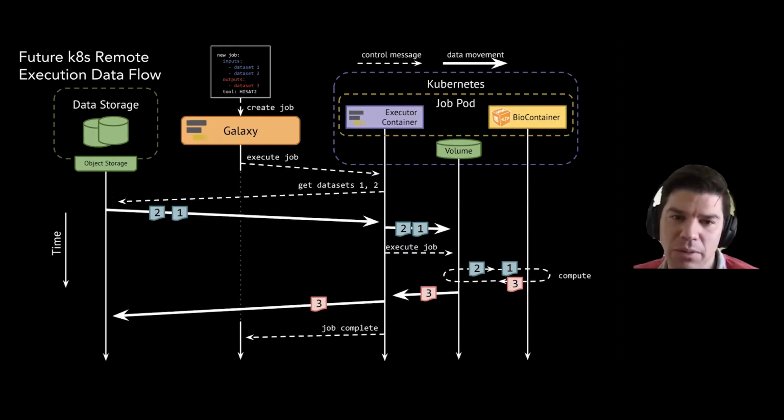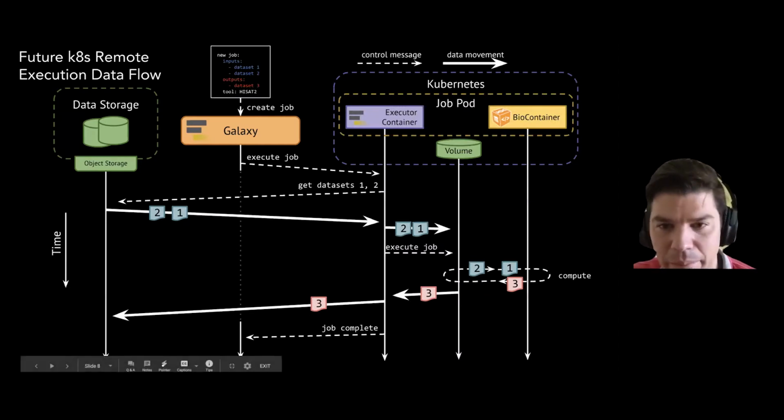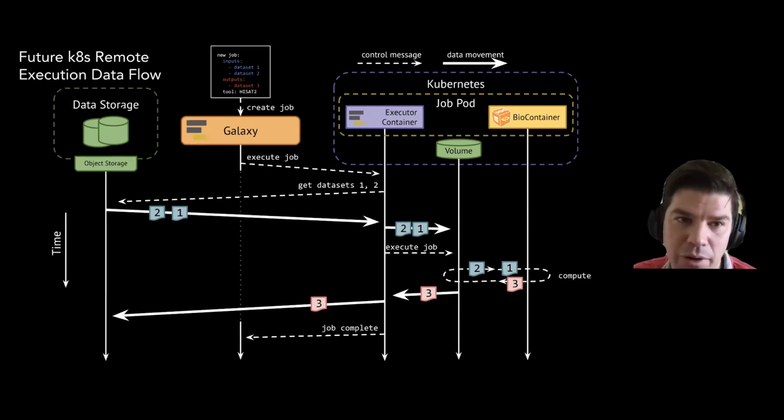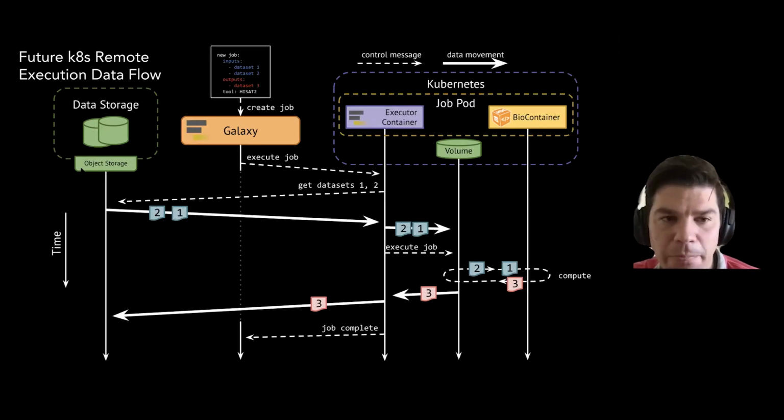So as part of this project, we're looking to eliminate that extra hop and hence speed up the job execution, where a job can fetch data directly from data storage. For example, if these jobs run on an Amazon cloud instance and this data is stored in S3, the jobs can fetch data directly without having to transfer that data to a server where Galaxy might be running.